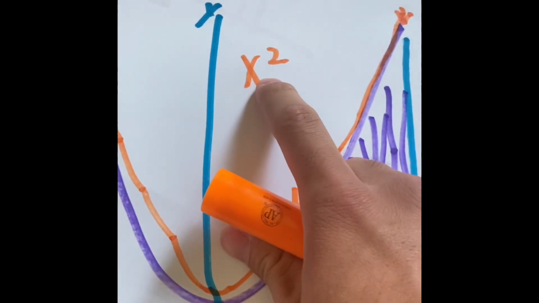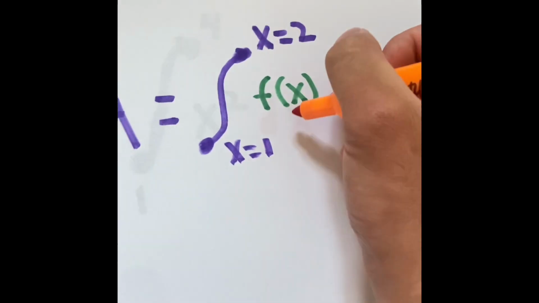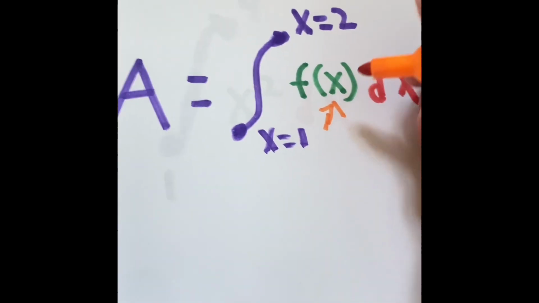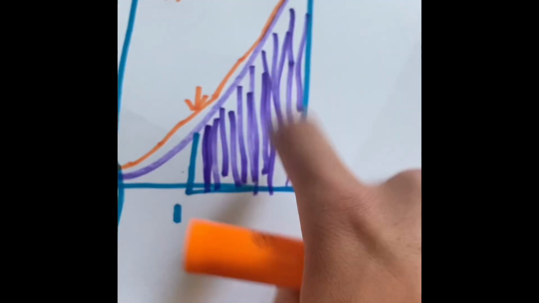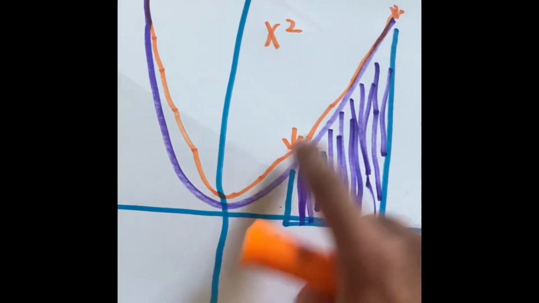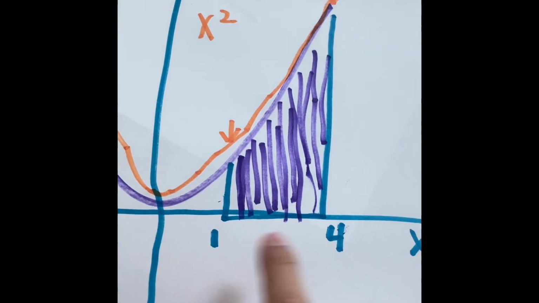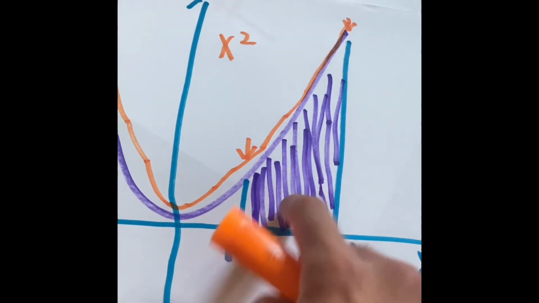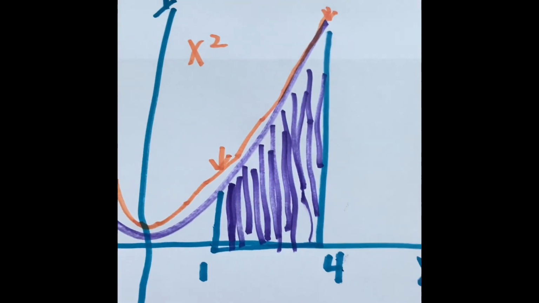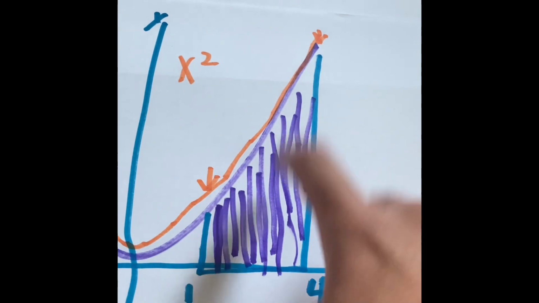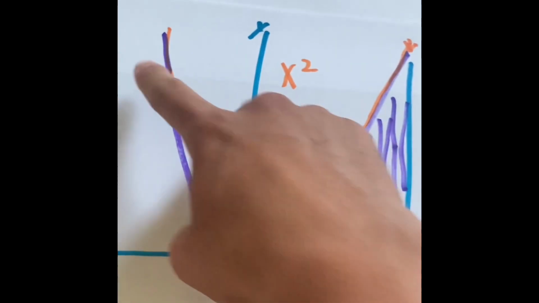When you see an equation in calculus, in this formula, it says what the line is to help shape the shape in the problem. So here's the line x squared, and here's the integral from 1 to 4. What is the area? That's why it's called the area under a curve, because you're literally finding the area under the function that makes the curve.